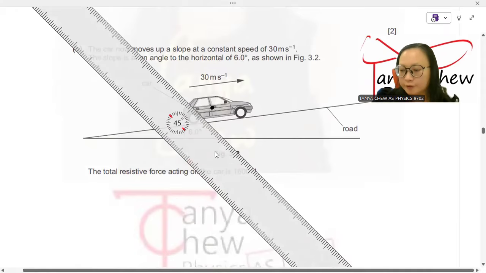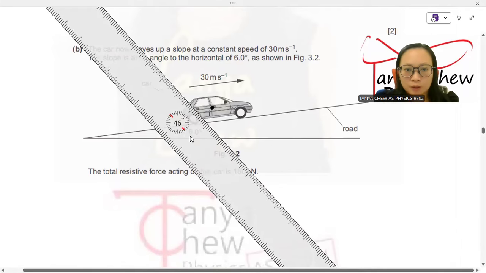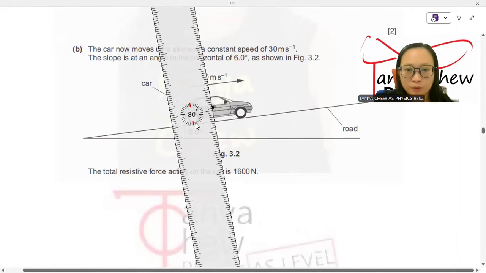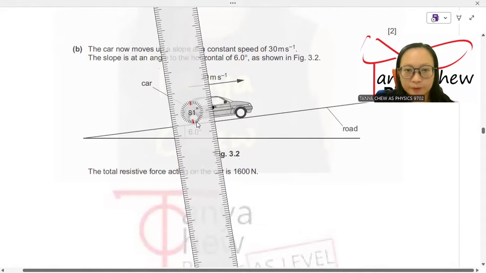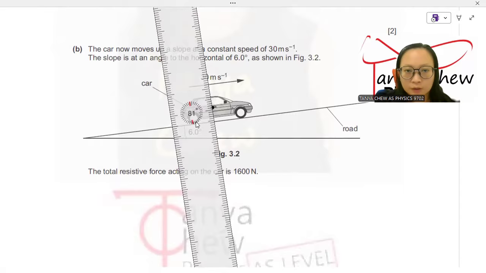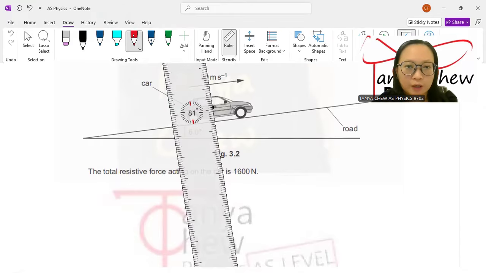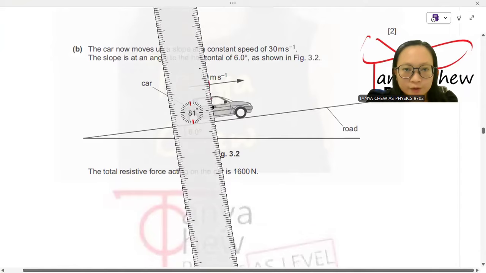I get my ruler first and draw a normal to the inclined plane. Normal means 90 degrees to the inclined plane, something like this. Roughly normal. I'm going to use red color. So this is the normal passing through the center of gravity.